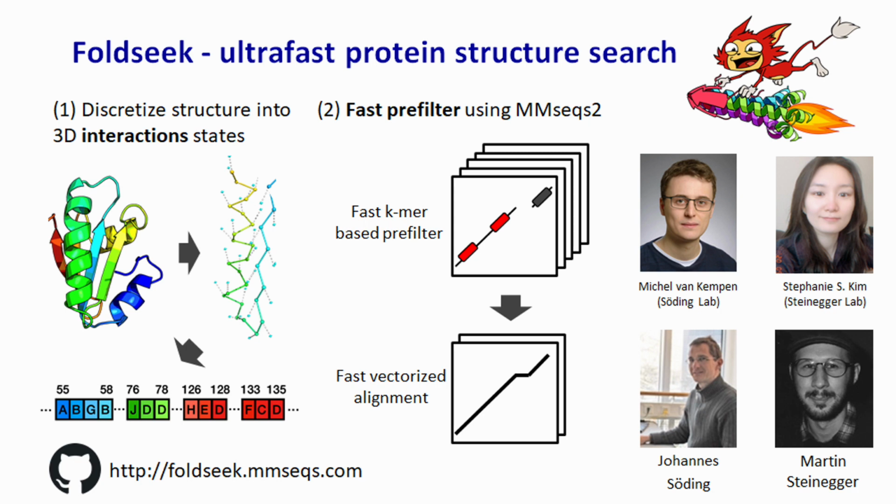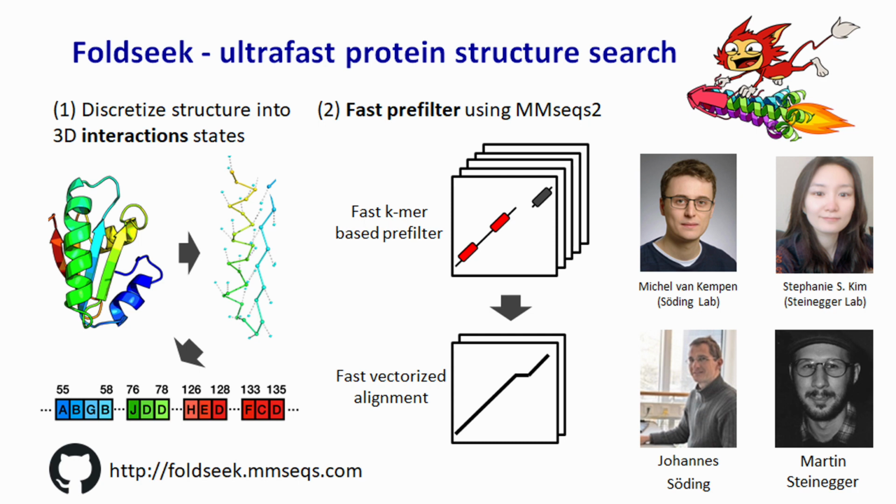Foldseek, created by the Steinegger group at Seoul National University in Korea, is an incredible tool that, while being 20,000 times faster than state-of-the-art aligners like TM-align or SSAP or DALI, is now, with further and subsequent releases of the code, comparable in precision to TM-align. So this helped us massively in doing this kind of assignment.